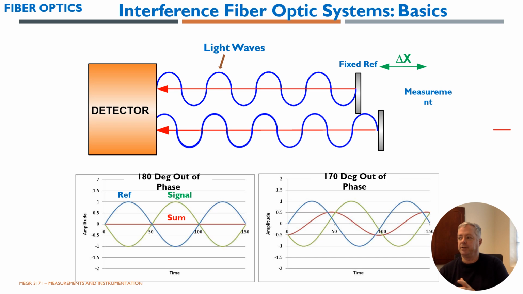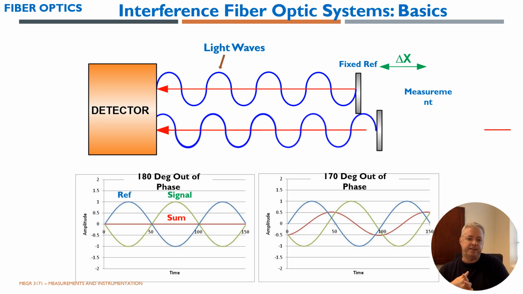It may be 170 degrees out of phase after the signal is moved, and we can then convert that into a distance. So it's the standard process of creating calibration curves and then applying the change in phase to a distance. So it's pretty simple.